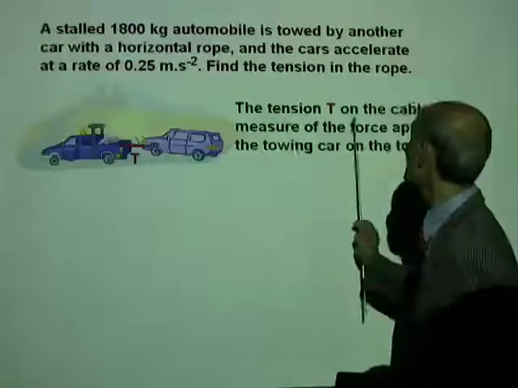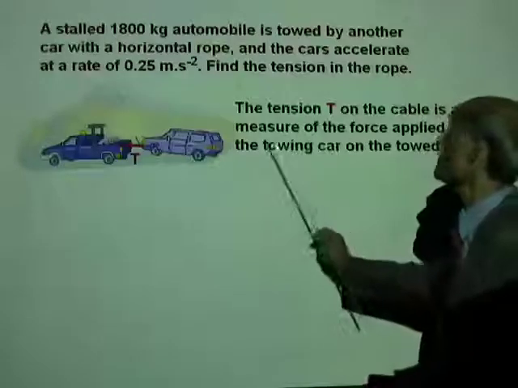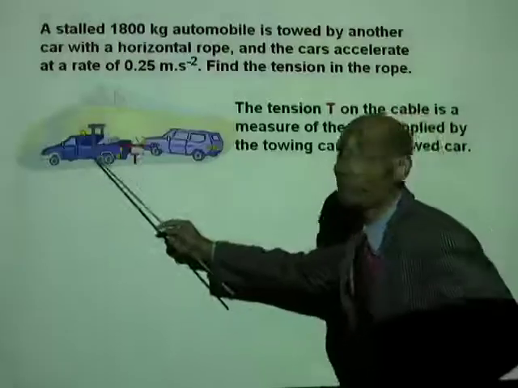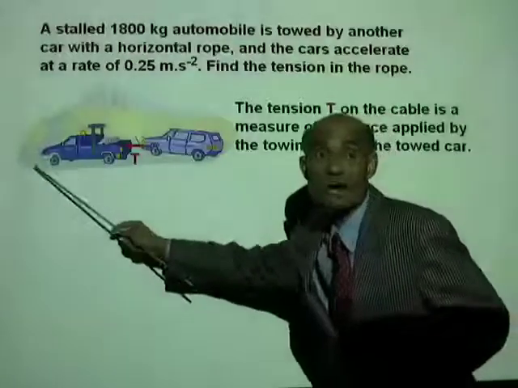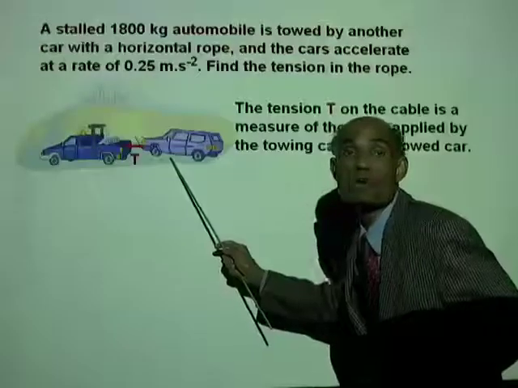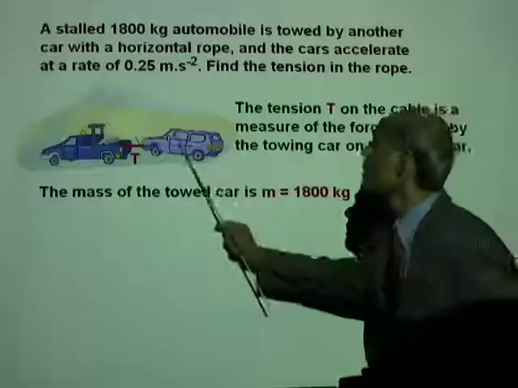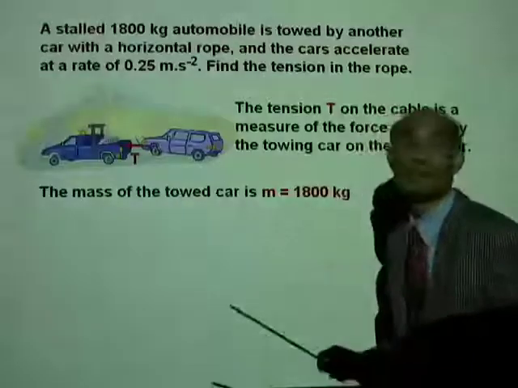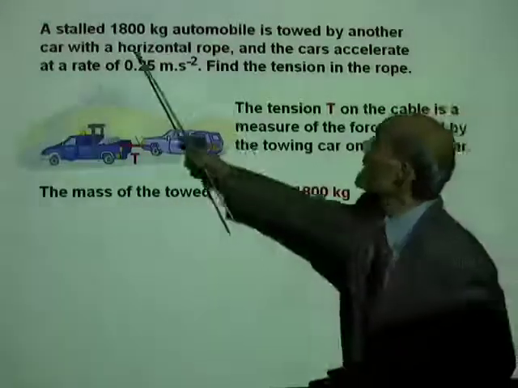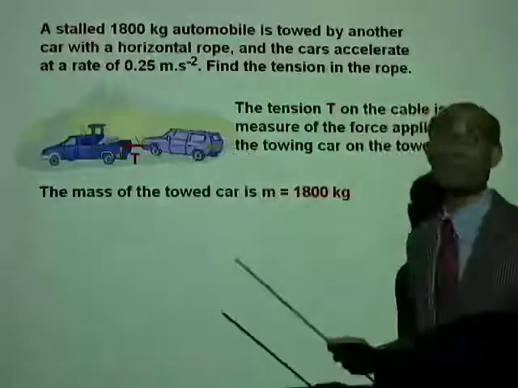The tension T on the cable is a measure of the force applied by the towing truck on the towed car. Now, the mass of the towed car, the old wreck, is m equal to 1800 kilogram.